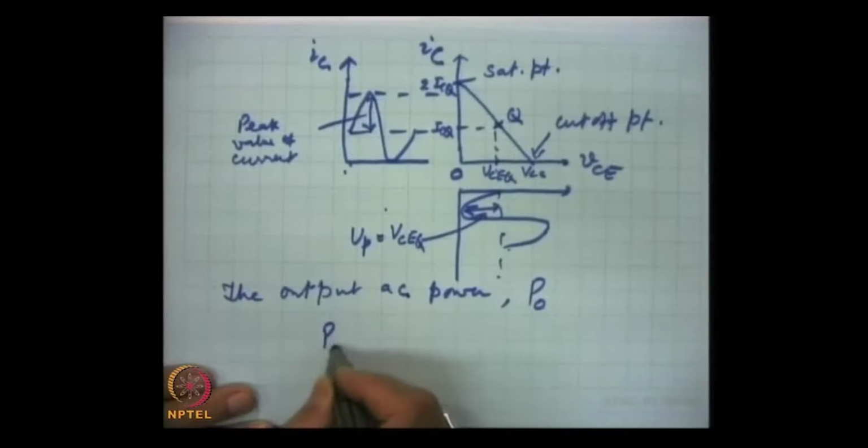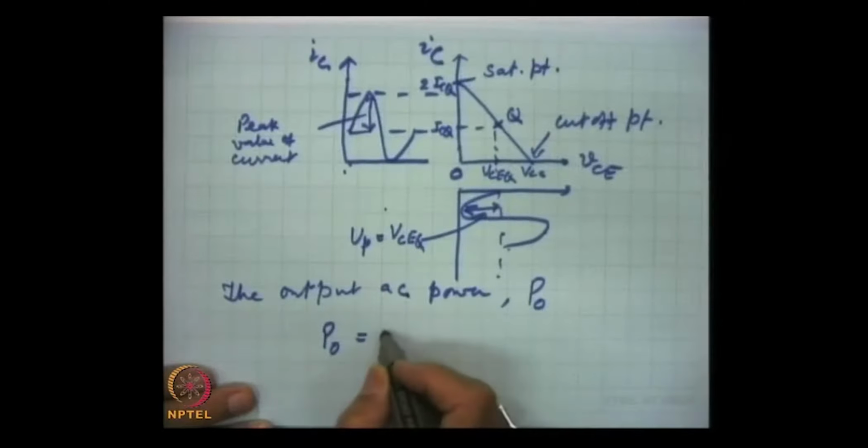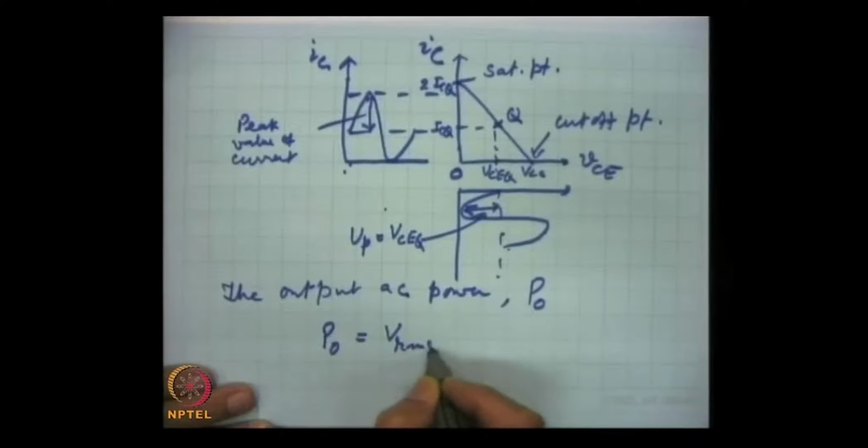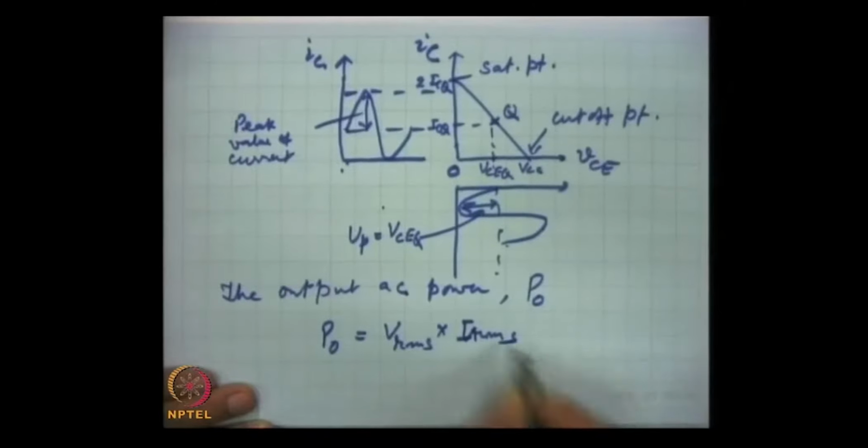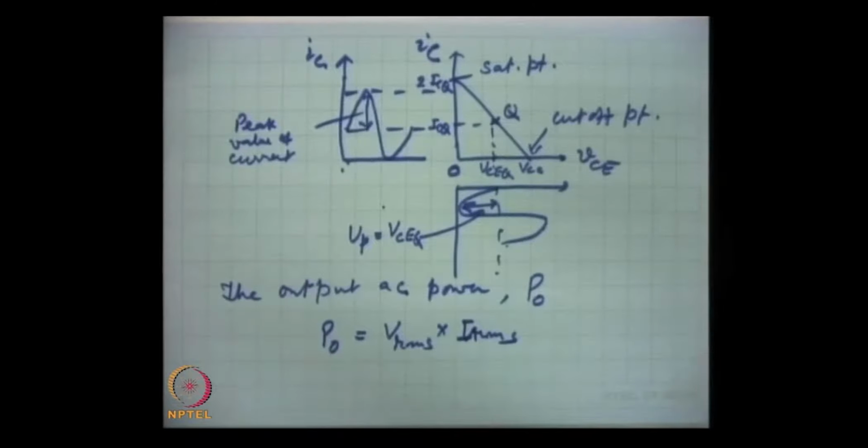So PO is the product of RMS voltage and RMS current.